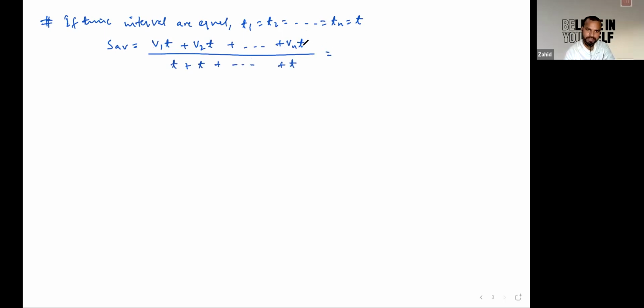So if you take out t as common from the numerator, t added n times will give you n times t. So on simplifying, you will get v1 plus v2 so on to vn divided by n. This is nothing but the mean or average value of all individual speeds.